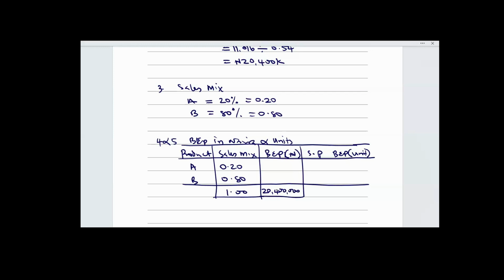The selling price of A is 120. The selling price of B has reduced to 160. Remember, so 20% of 20,400,000, what do you get? 4,080,000. 4,080 divided by 120.